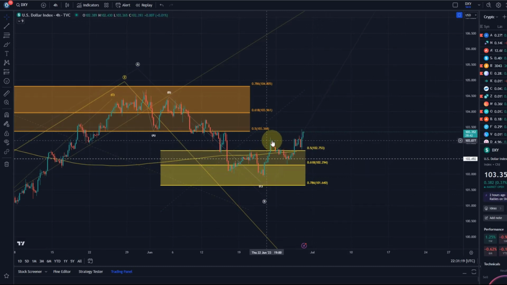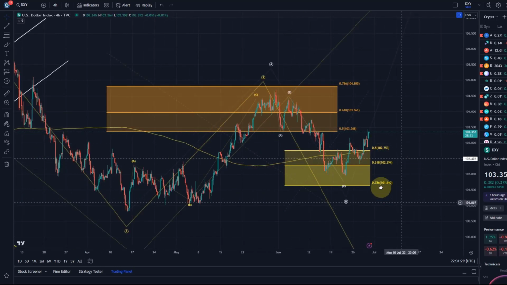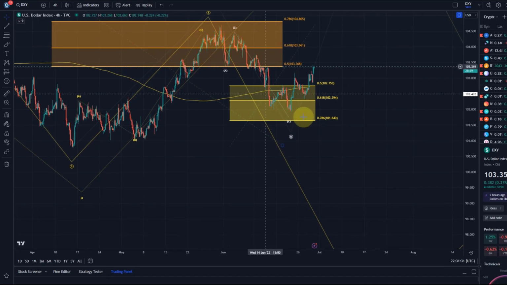There's not enough information what this is, but if it breaks below this significant swing low here, which is at 102.35, I think then we have a first indication on a lower time frame that this is breaking down.